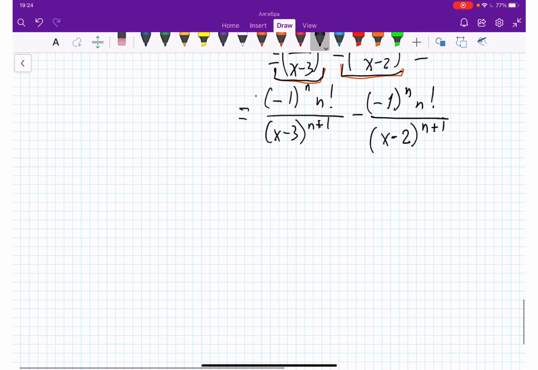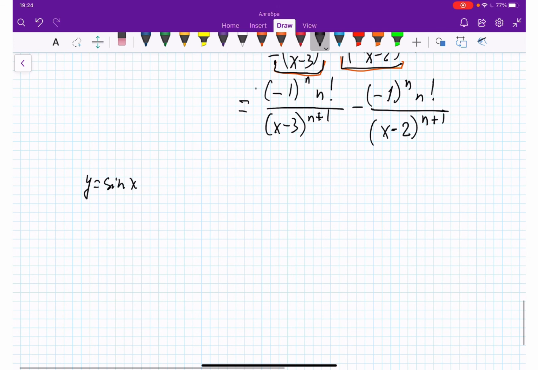Next, I have y is equal sine x, so y prime is going to be equal cosine x, which is equal sine x plus pi over 2, right? Cosine is always ahead of sine by pi over 2.